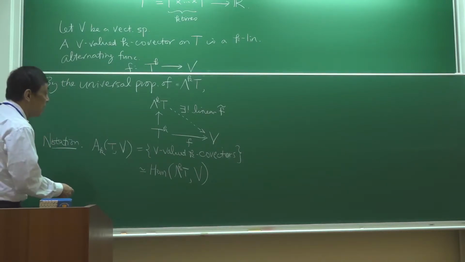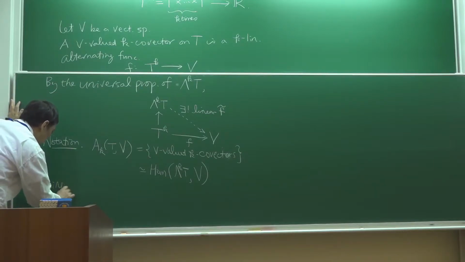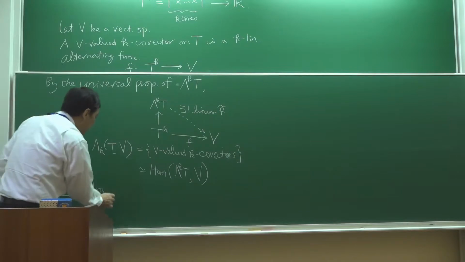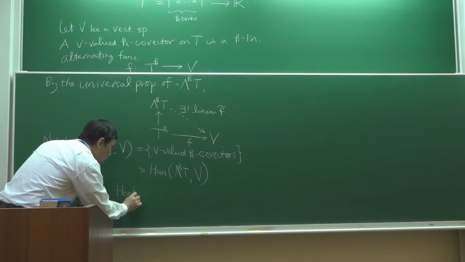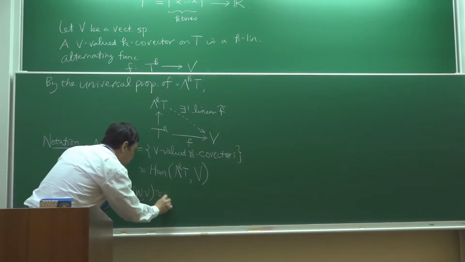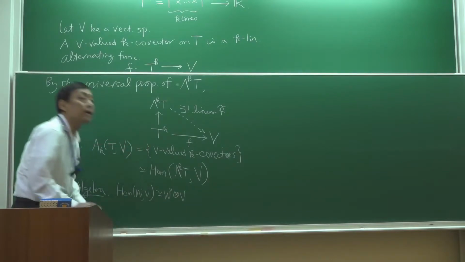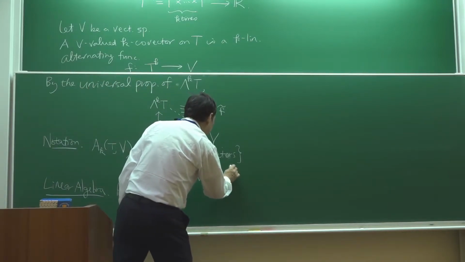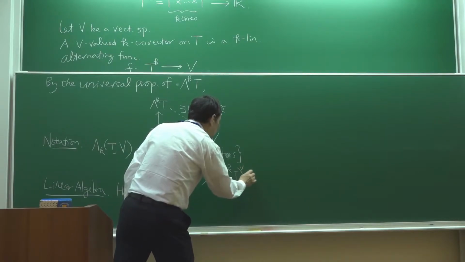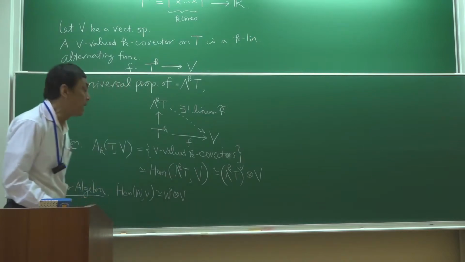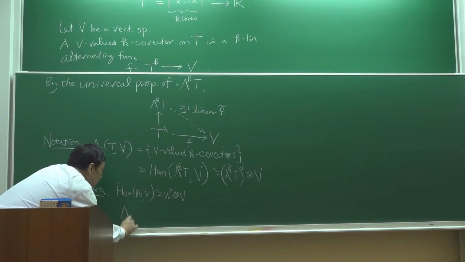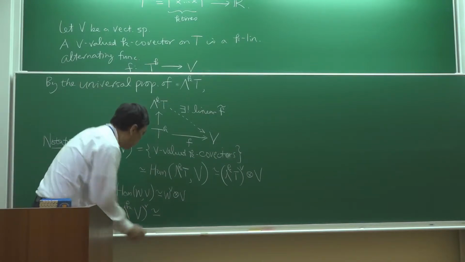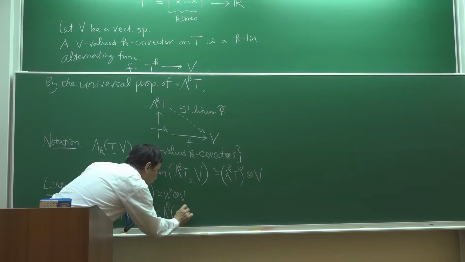And then from linear algebra, we have a canonical isomorphism between Hom(W, V) and W dual tensor V. So this is isomorphic to lambda^k T dual tensor V. And there's also an isomorphism between the dual of lambda^k T and lambda^k of T dual.